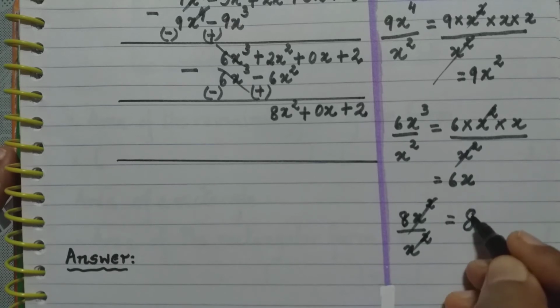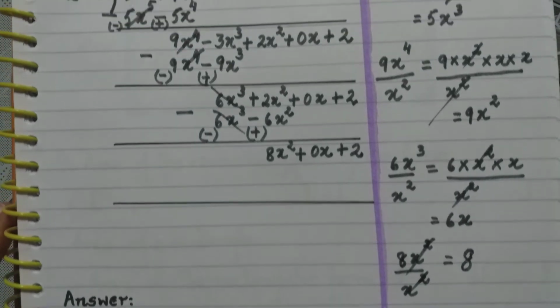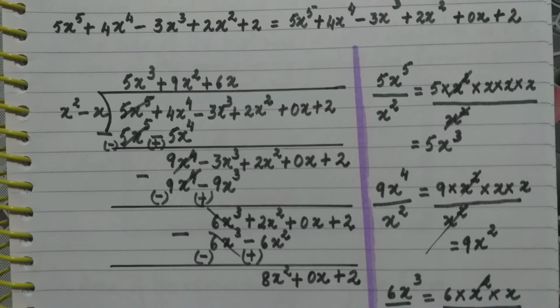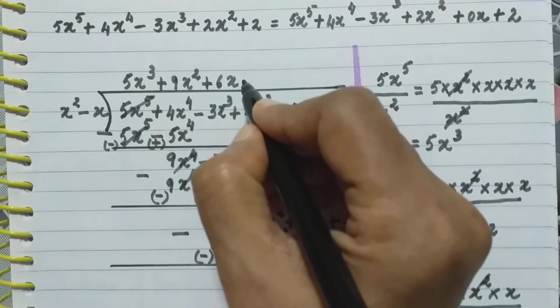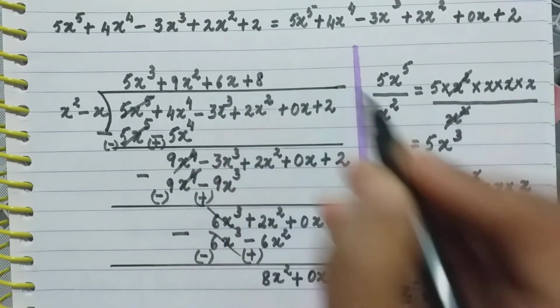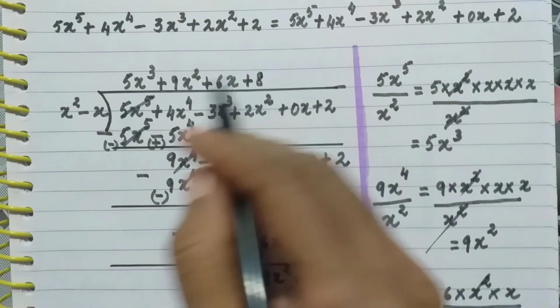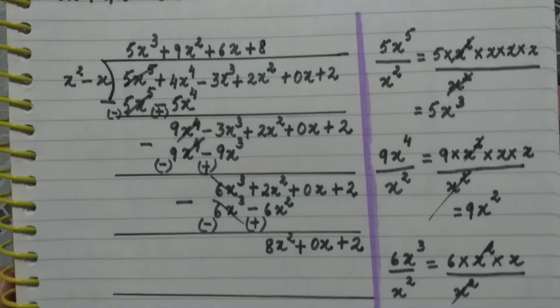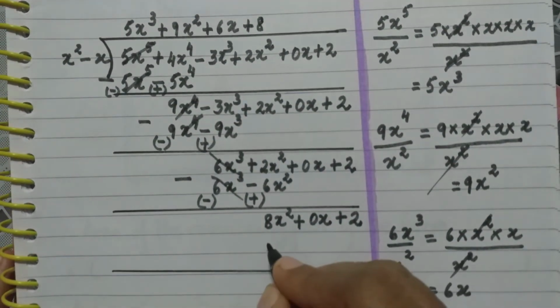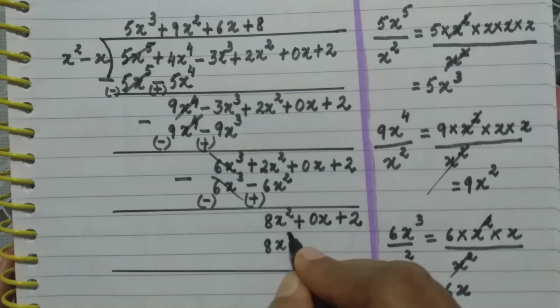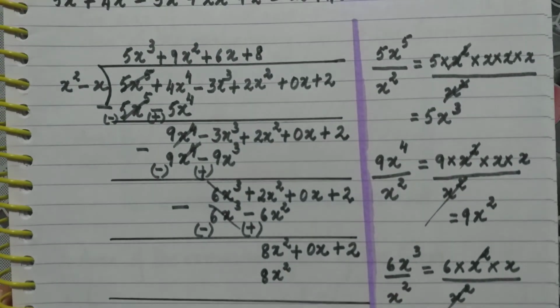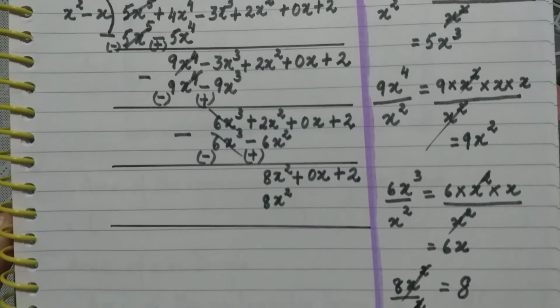So we get 8. So this 8 now is written in the quotient, plus 8. So 8 into x square will be 8x square.